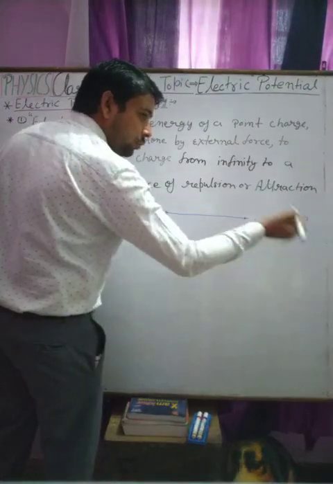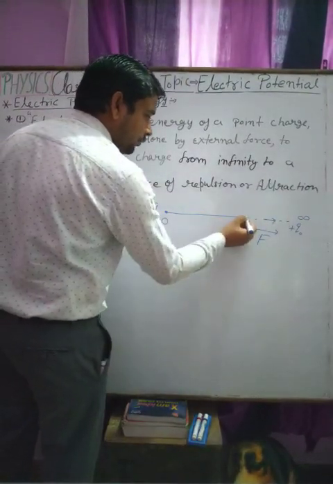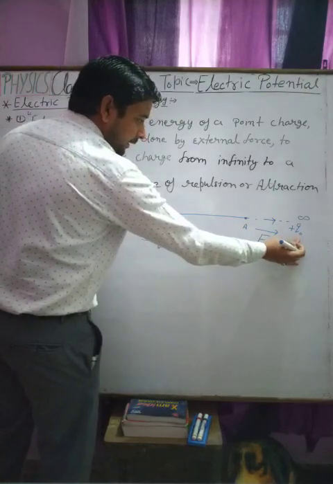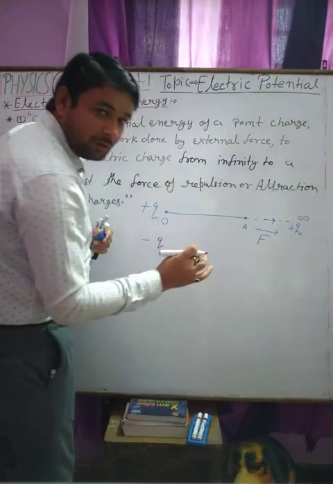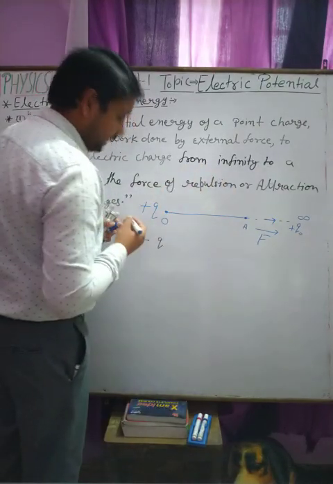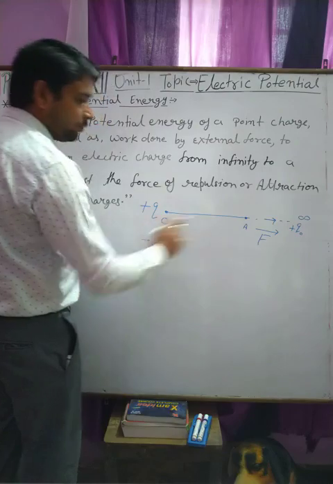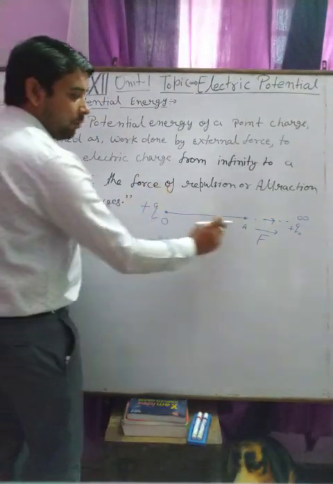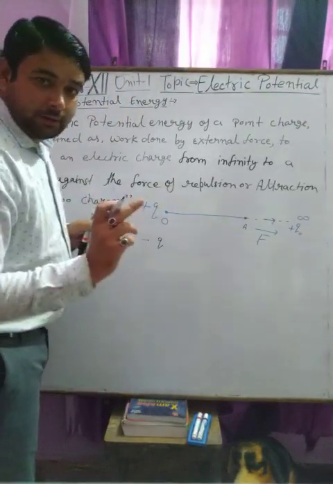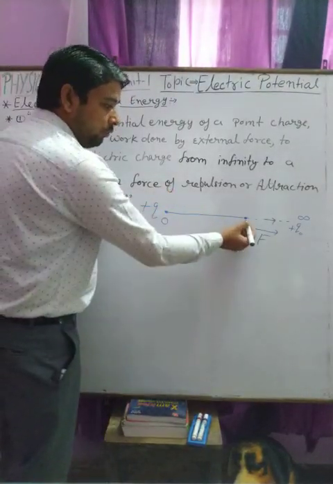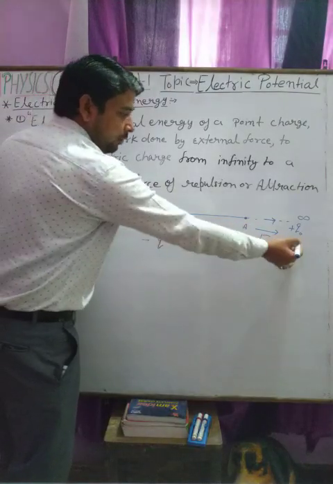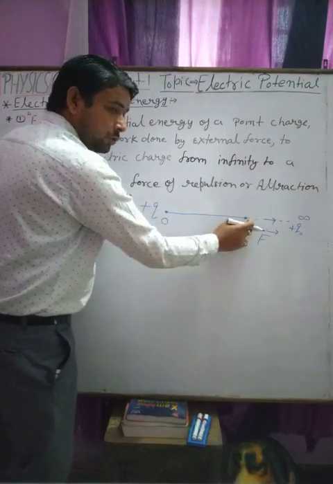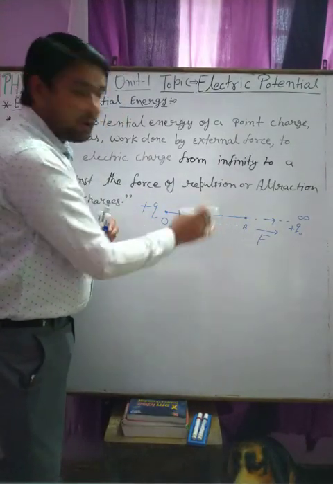But when we do some external work by the external force, then we find that this test charge becomes stable at this point A and does not move anymore. If it does not move, then the work done due to this point charge and a test charge to place this test charge at point A, the total work done, is stored at this point.